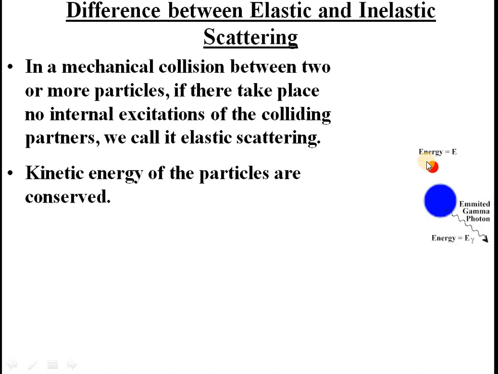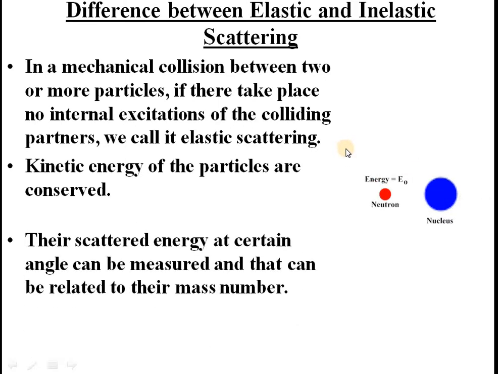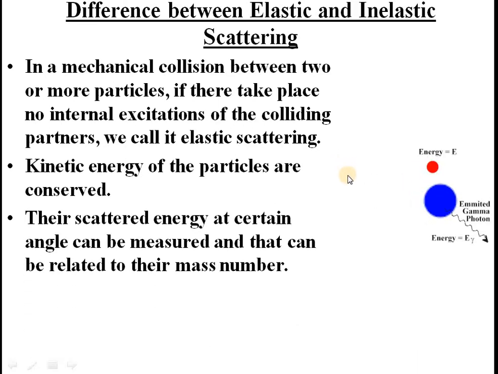The internal excitation may be in the form of nuclear excitation or atomic excitation. All possibilities are there. That kind of internal excitation should not be there, and they must satisfy the law of conservation of energy. So the kinetic energy of the particles is said to be conserved, that means the total kinetic energy before and after collision should be the same. Then there is no question of internal excitation.